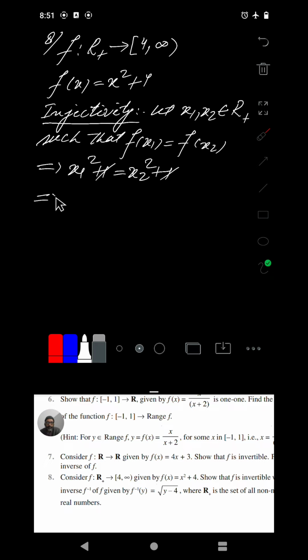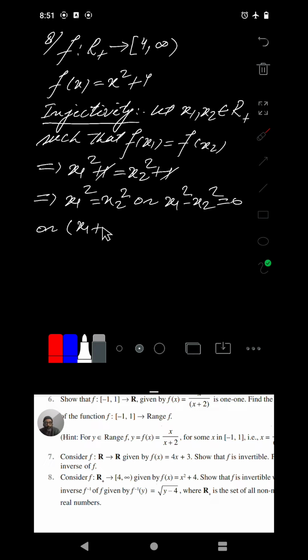We have x1 square is equal to x2 square, or transposing x2 square to left hand side, we have x1 square minus x2 square is equal to 0. Applying the identity a square minus b square is equal to (a plus b)(a minus b), we may write x1 square minus x2 square as (x1 plus x2)(x1 minus x2) is equal to 0.